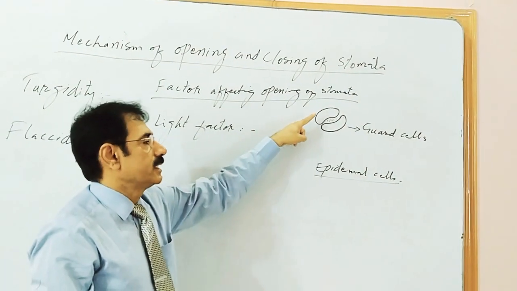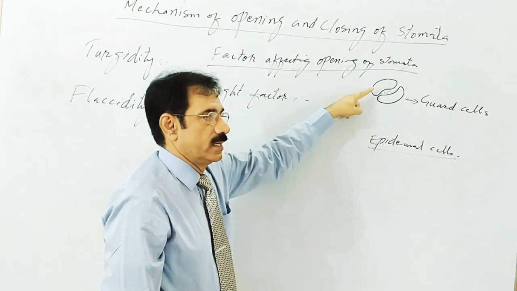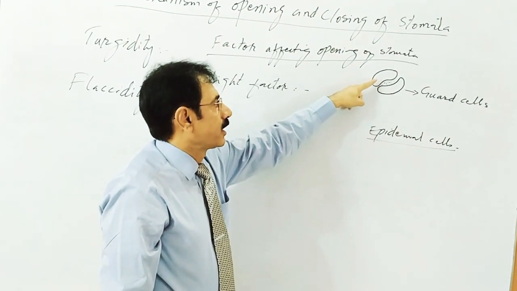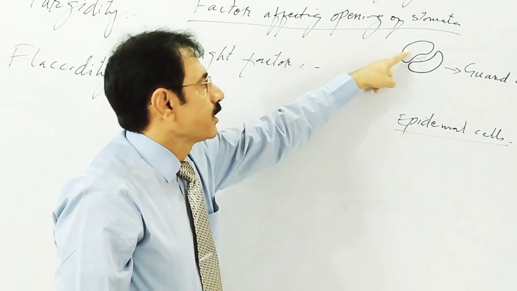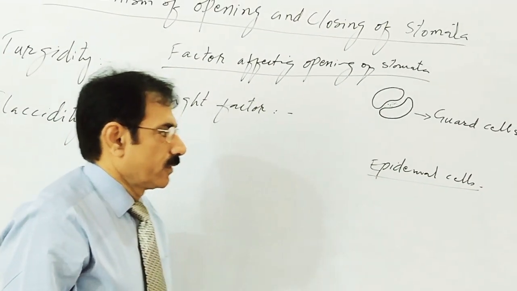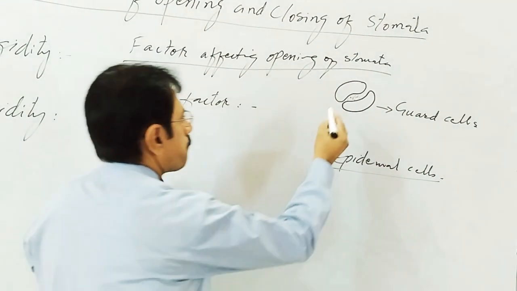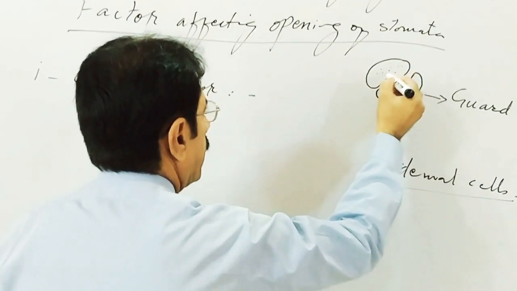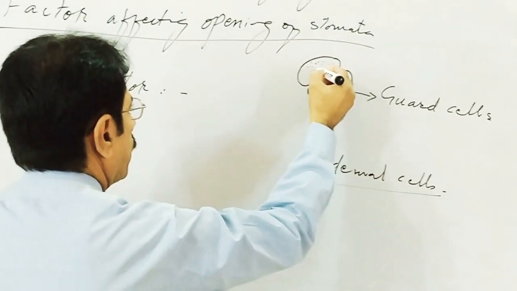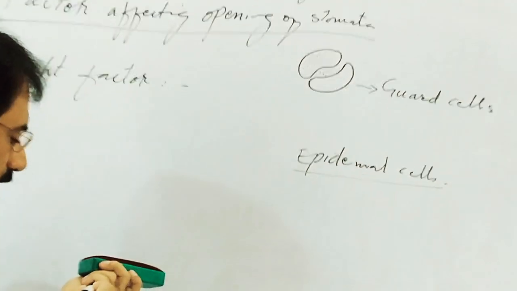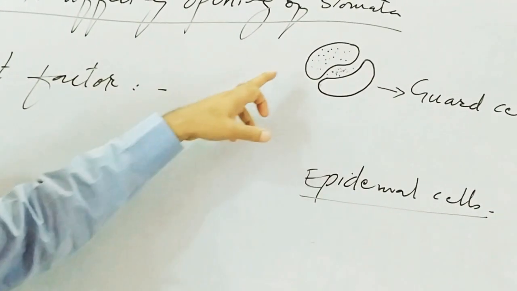That means the photosynthesis process starts when light falls upon the guard cells early in the morning. As a result of photosynthesis, glucose molecules are synthesized inside the guard cells.